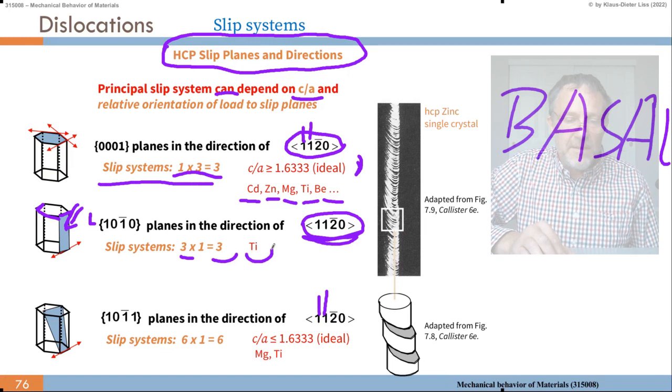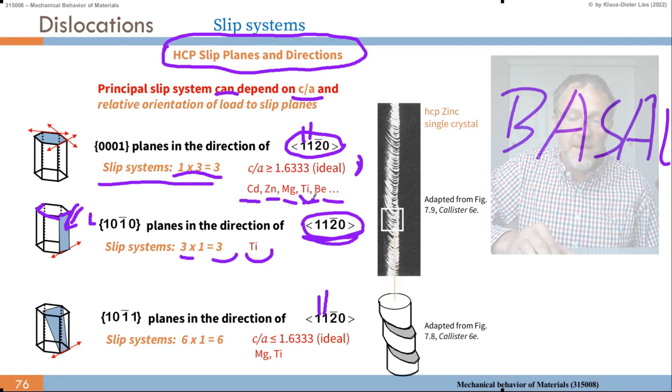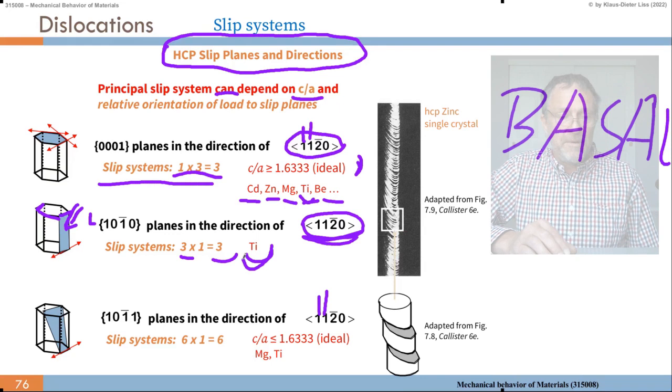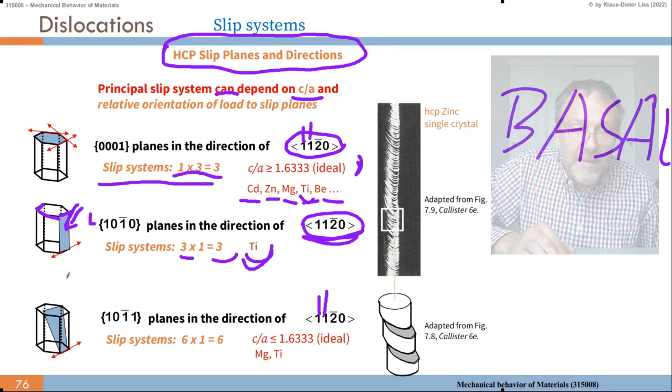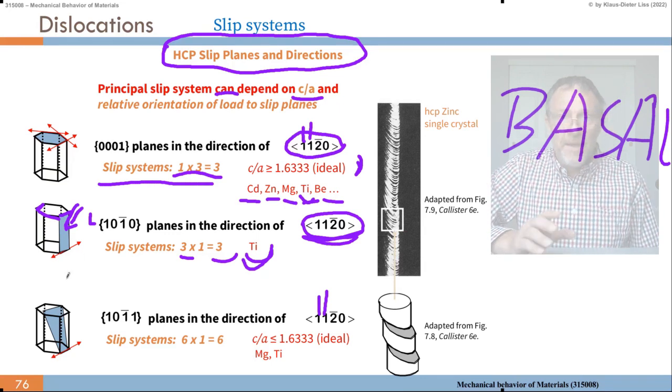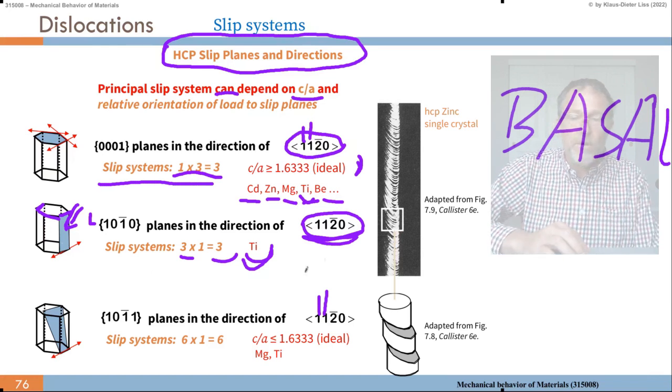And this can typically be activated in titanium. You see, titanium can slip here on the basal, but also can slip on this side. And now I want to ask you how you call it.